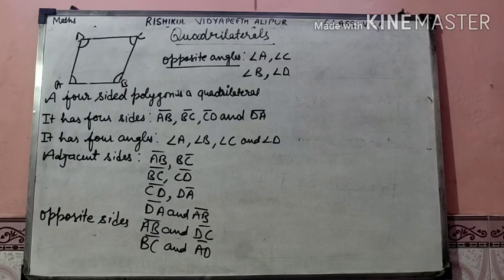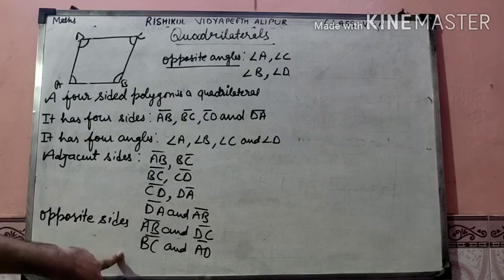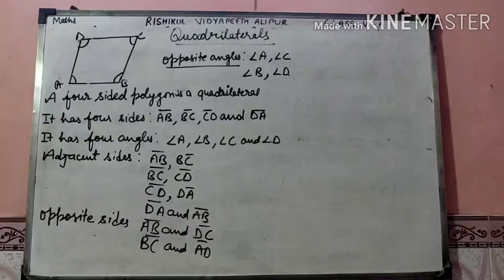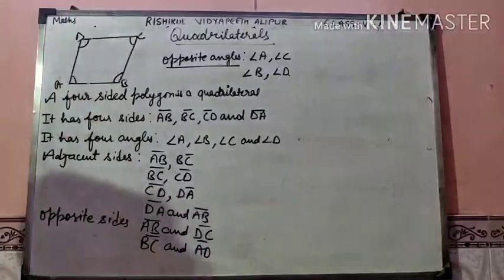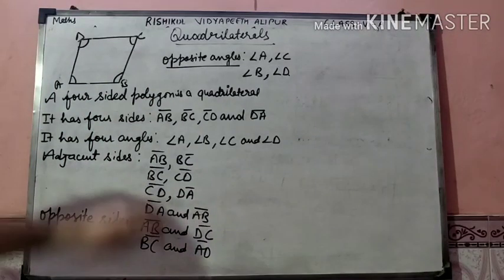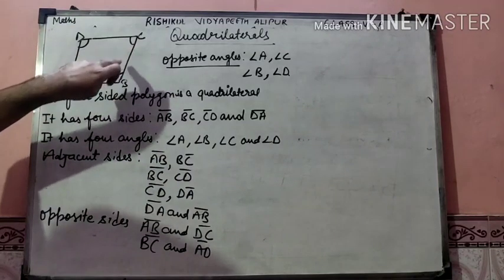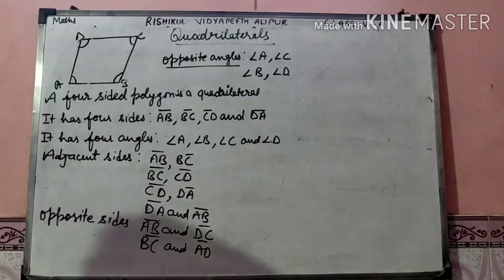It has four sides, four angles, four pairs of adjacent sides, two pairs of opposite sides, two pairs of opposite angles, and four pairs of adjacent angles. This is your homework: find the four pairs of adjacent angles. A to B, B to C, C to D, and D to A.